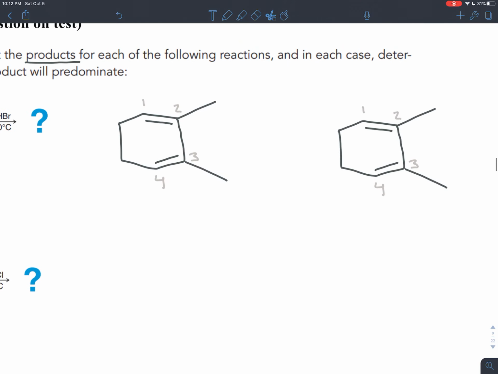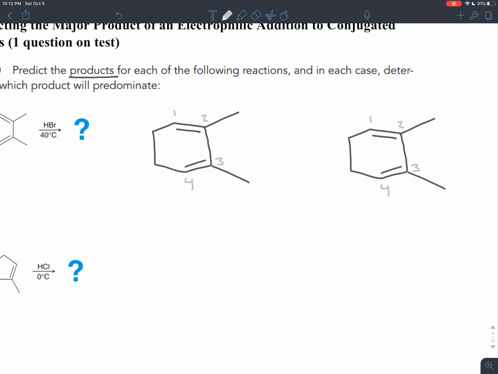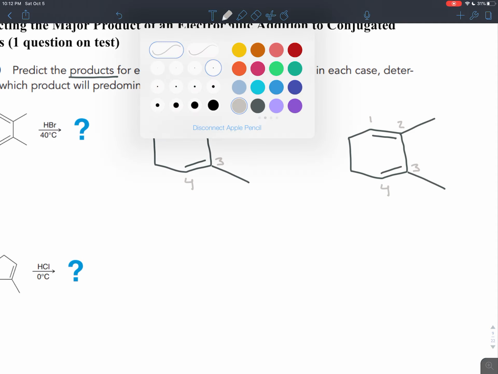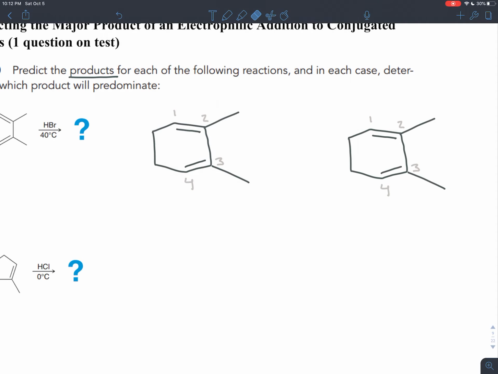So these are our two products now. We're adding HBr, so we're going to add an H and a Br. On the first one, I'm going to add the H always at carbon number 1 and the Br at carbon number 2.